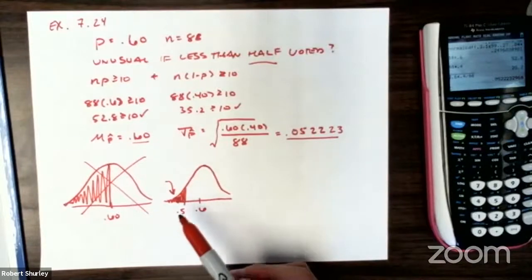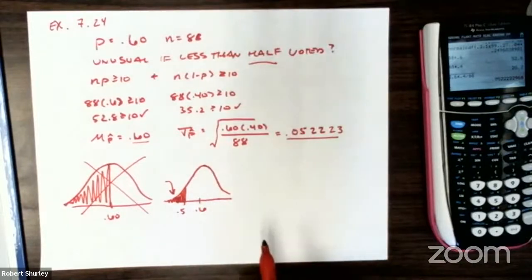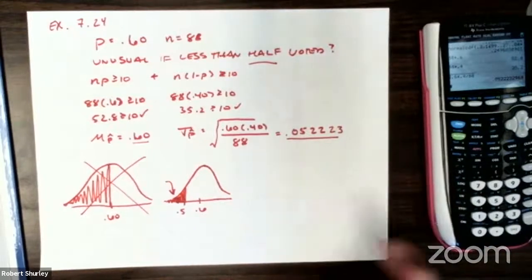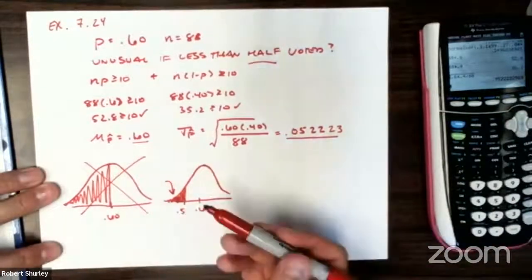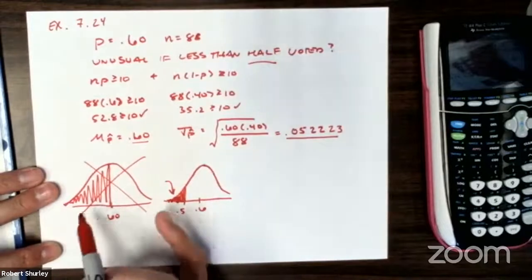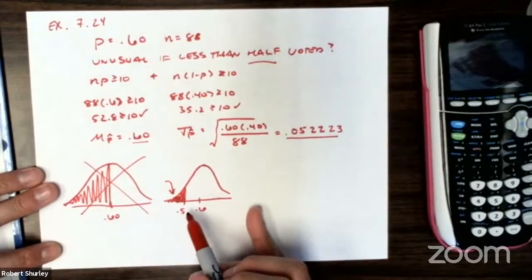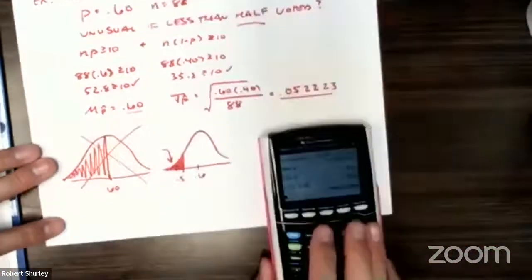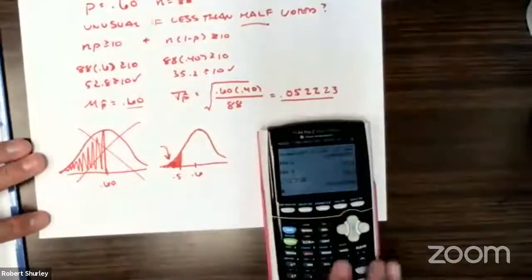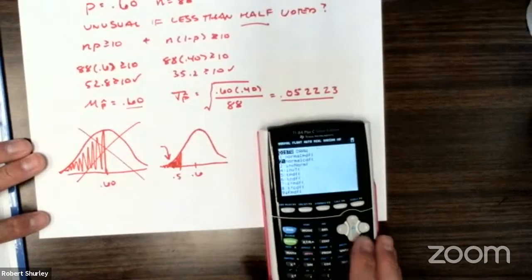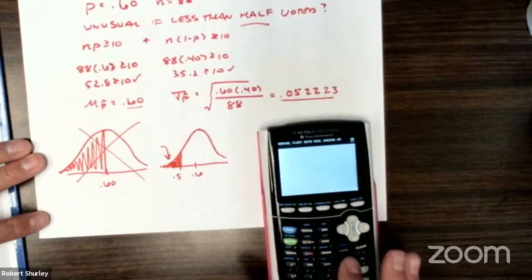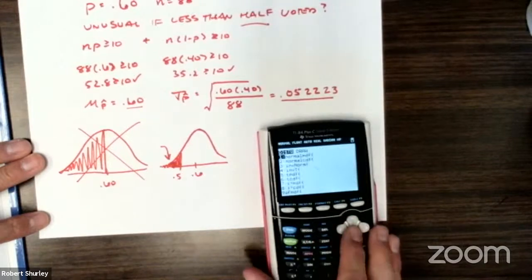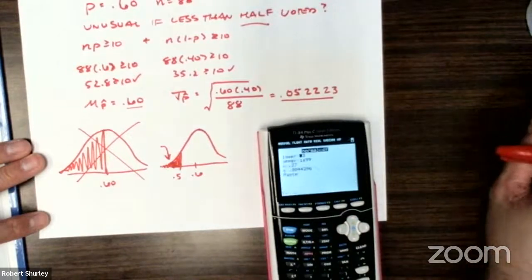Area to the left. So I'm going to use my calculator again, right? So if I use my calculator, negative infinity to the left, and then to the right, it's going to be 0.5. And then I've got my standard deviation and my mean here. So I go to second, normal CDF.